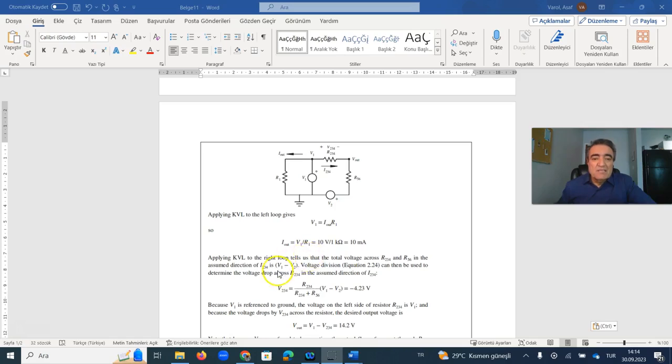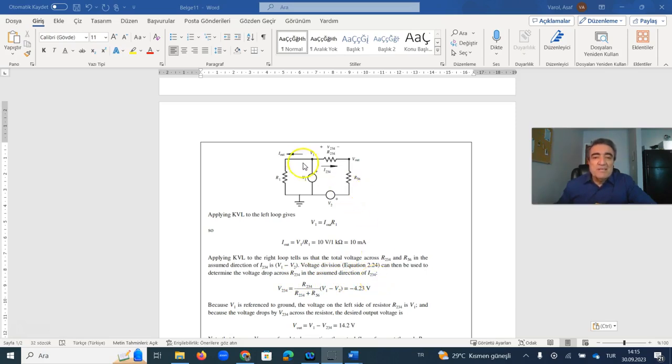It means the voltage drop at this point is equal to V1 minus V2. The voltage division equation we studied can then be used to determine the voltage drop across R234 in the assumed direction of I234.